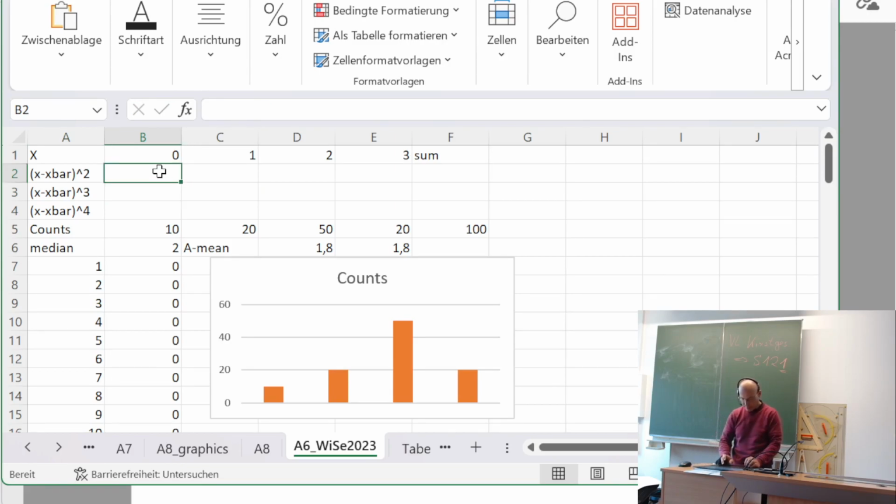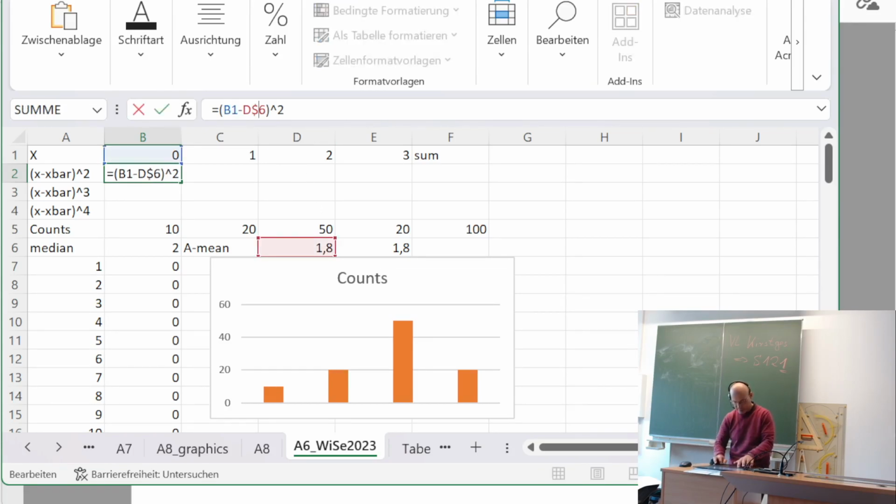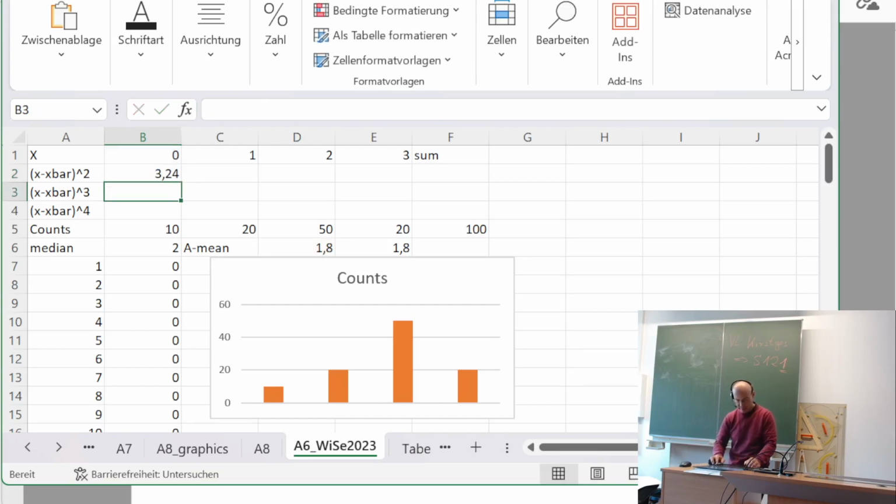So this would be then 0 minus 1.8 squared, and this we have to do for 1, 2, and 3, always with respect to x bar, so we fix this with two dollar signs.